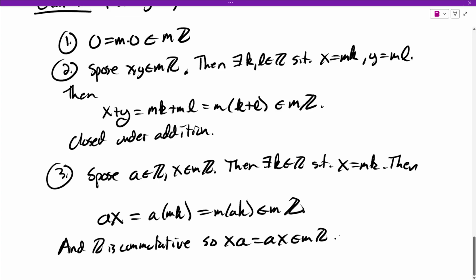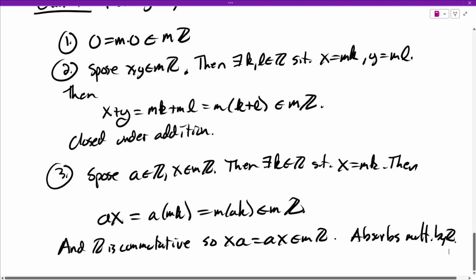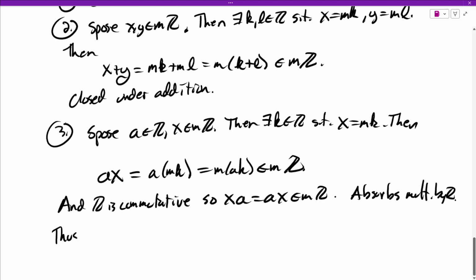When you have a commutative ring, you only have to check it absorbs multiplication on one side, because the other is redundant. Great. So it absorbs multiplication by Z, and therefore it's an ideal. So you pick your favorite m, you look at multiples of m, that is an ideal.